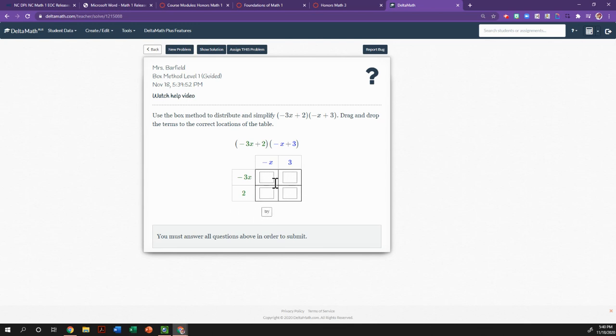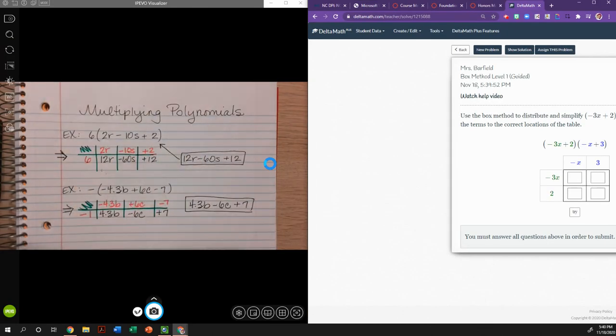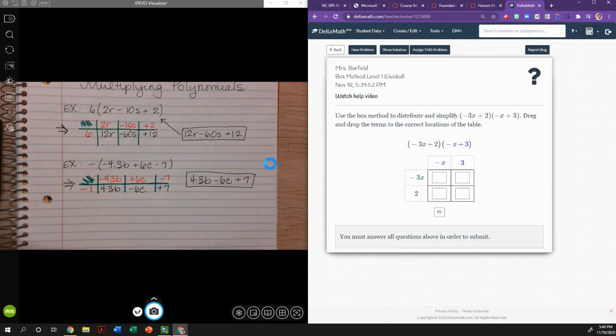All right, now, just like I did in that last video, I'm going to take negative 3x and multiply it by negative x. I'll bring up my screen here so I can write a couple things down to remind you. When I multiply negative 3x times negative x, you have to remember your exponent rules in terms of adding the exponents.